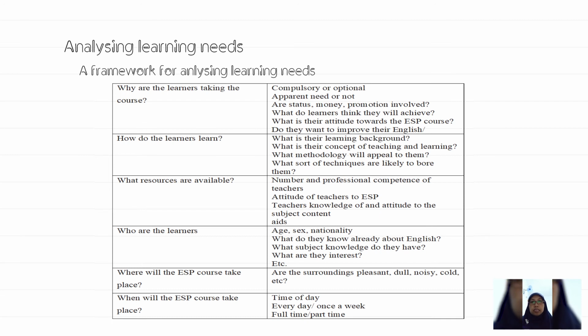And then the next analyzing learning needs is, who are the learners? We can see from the age, sex, nationality, or we can also find from what do they know already about English, what subject knowledge do they have, and what are their interests, etc.